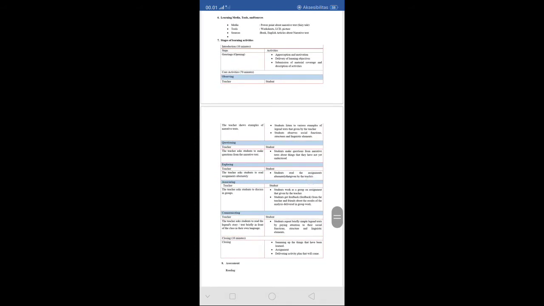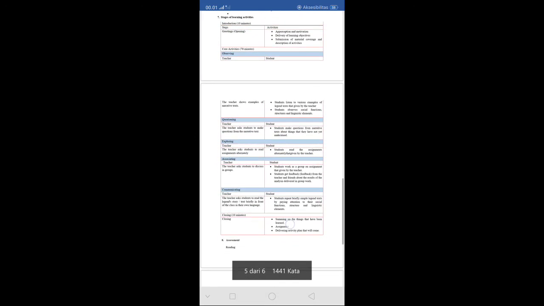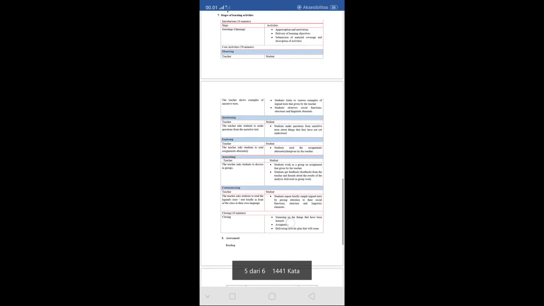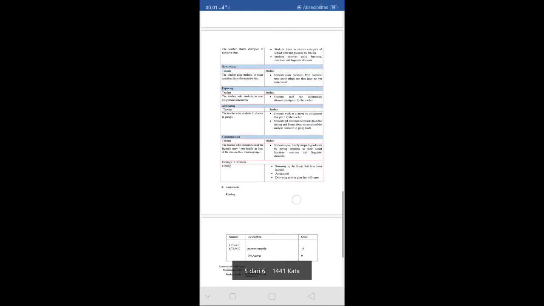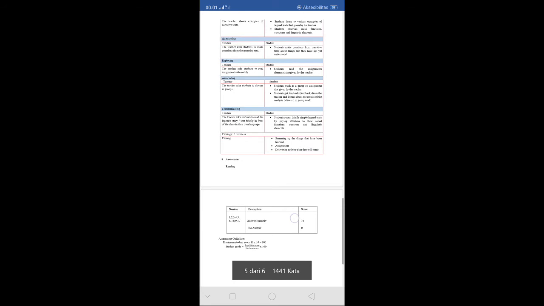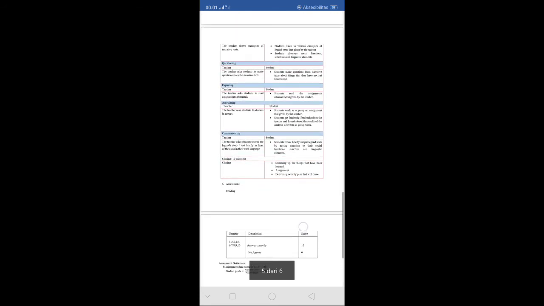And stage of learning activities about introduction or opening, core activities about observation, questioning, exploring, associating, and communicating, and last about closing. The last part in my lesson plan is assessment.